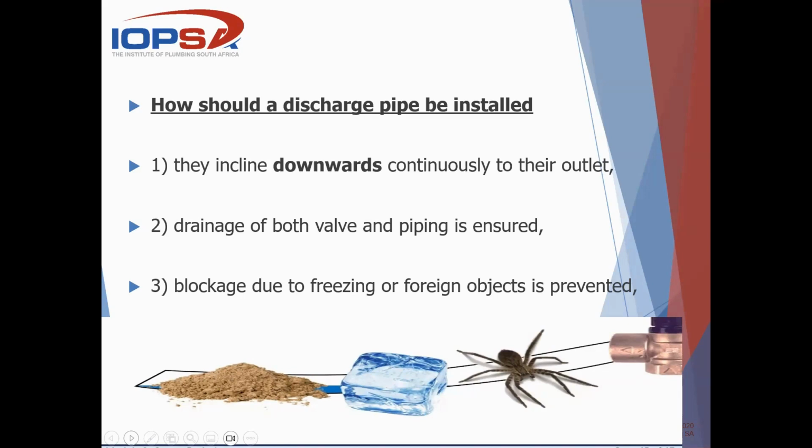And then the other one is, blockage due to freezing and foreign objects is prevented. Sometimes we come across things where there's insects that have nested in a discharge pipe, and that can be dangerous. You might have installed it perfect, but you go back a couple of years down the line and suddenly there's a nest of, looks like mud that an insect has made, or a spider web.